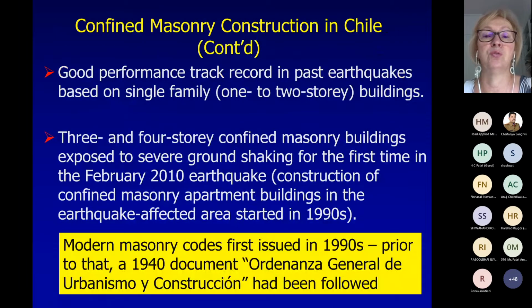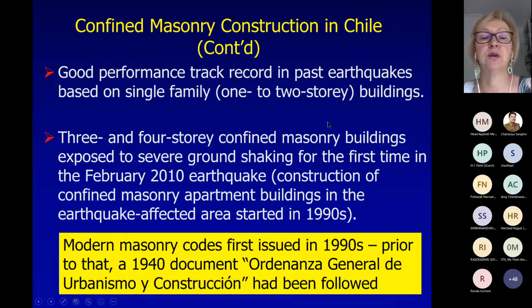So the good performance track record in past earthquakes before the earthquake of 2010 was mostly based on 1 to 2-story buildings. But in 2010, for the first time, the taller confined masonry buildings were exposed to a really strong earthquake in Chile. They might have been exposed to, let's say, a magnitude 6 earthquake, but they don't consider those earthquakes as very strong.